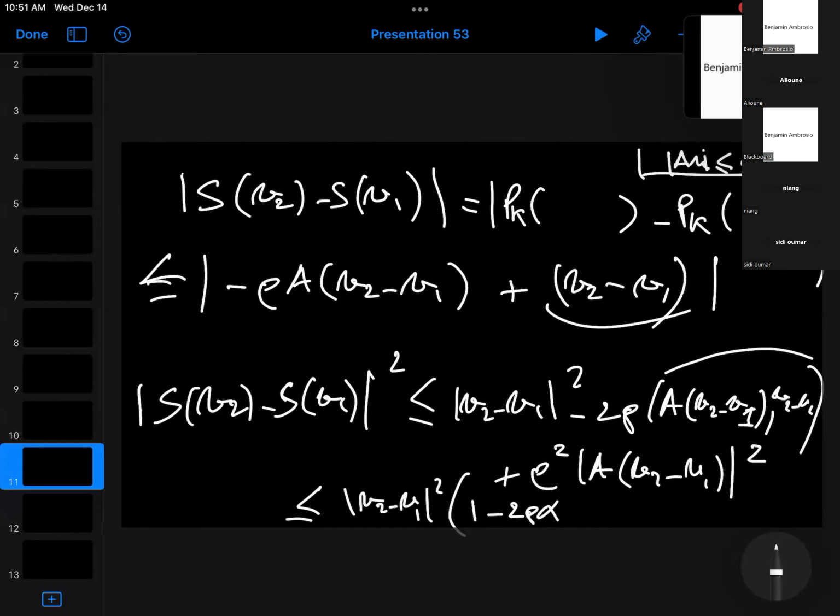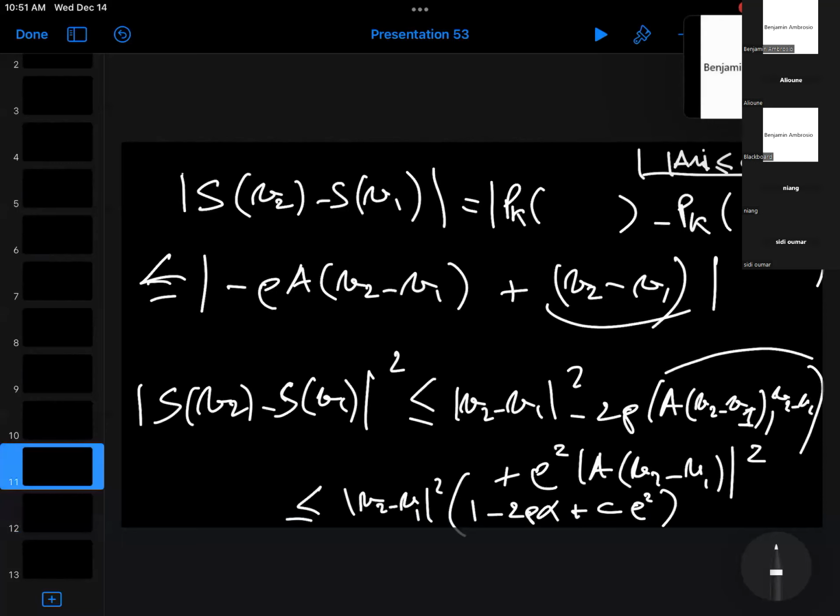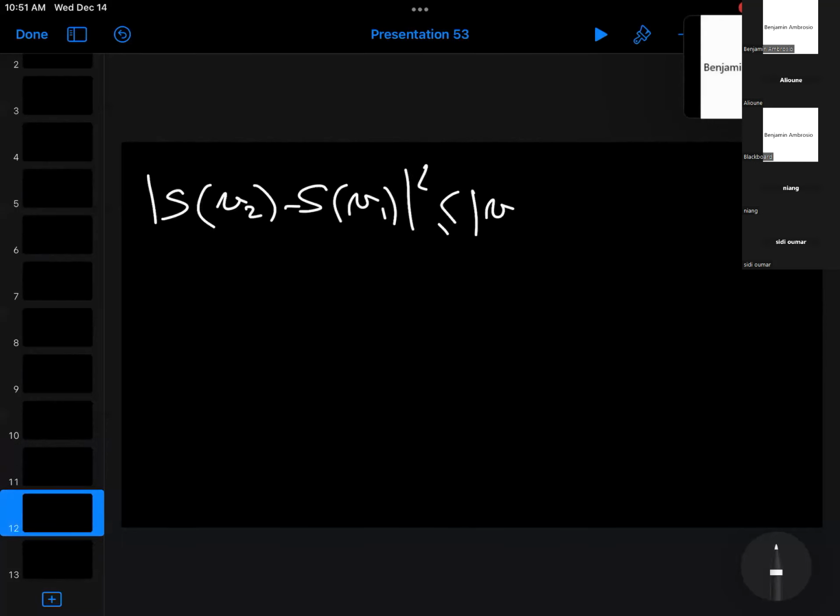You can do that as an exercise. So finally I will get plus C squared rho squared. Finally, you obtain that the norm of S v2 minus S v1 squared is less than the norm of v2 minus v1 squared times 1 minus 2 rho alpha plus C squared rho squared.